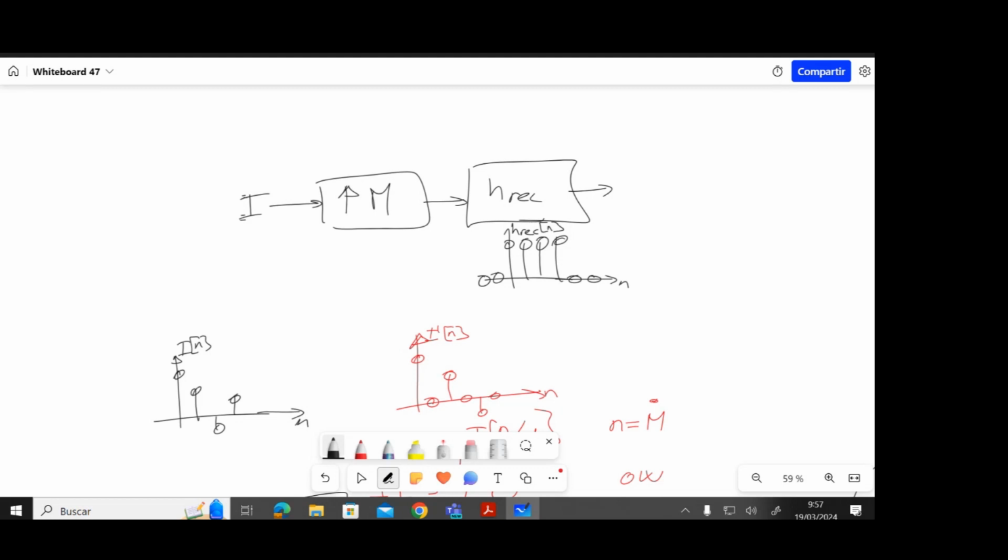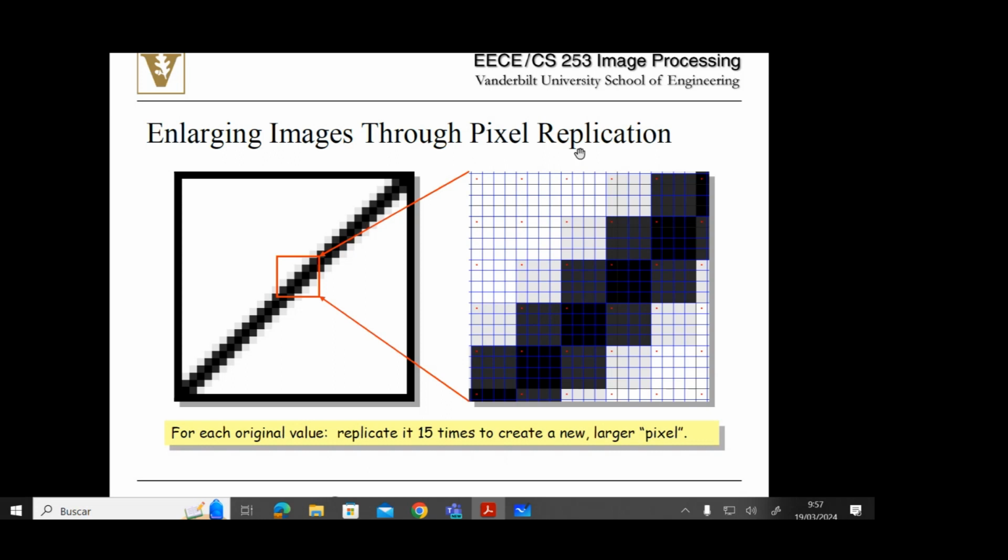I'm convolving whatever comes out from here with this function, and then this is my reconstruction. Then this is my expanded image. So replicating is convolving with a reconstruction that is just a step.